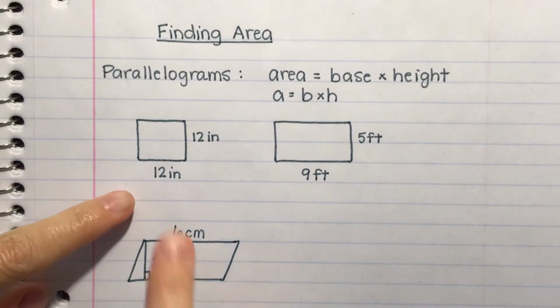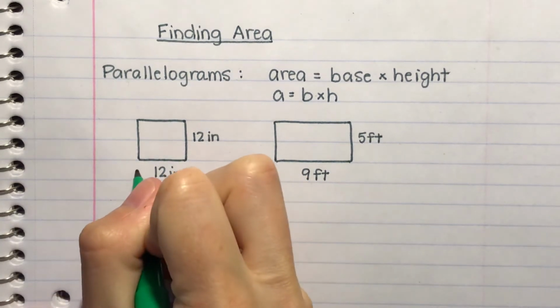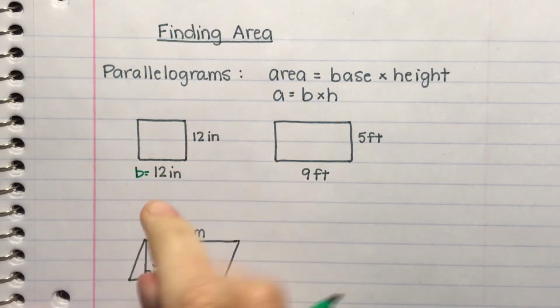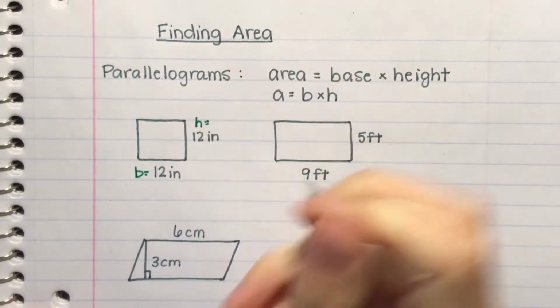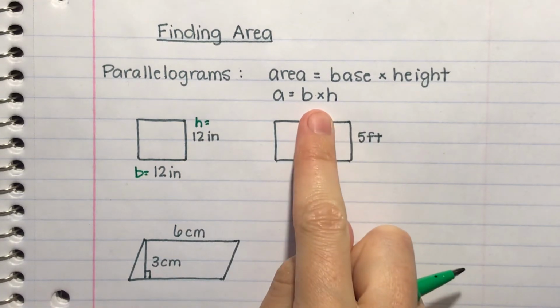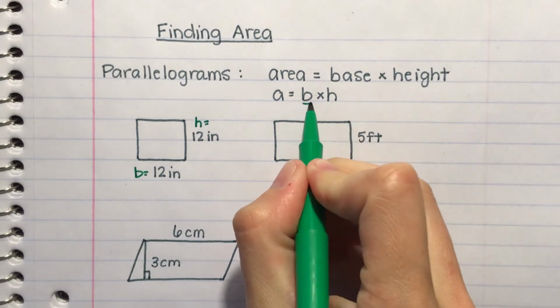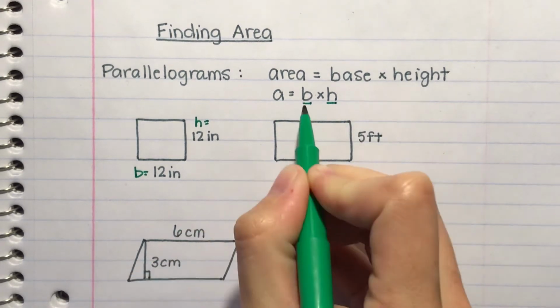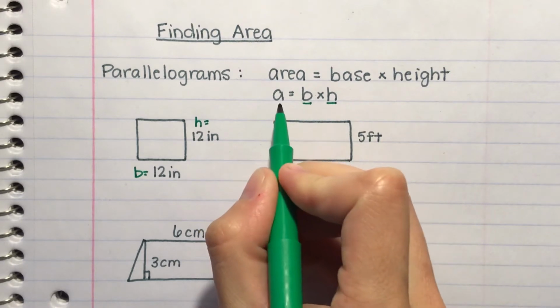So if I wanted to find the area of this square, if I want to label, all right, base is 12 inches, height on the side is 12 inches. I'm going to set it up in my equation, which means instead of the B and the H, I'm going to replace those two, just like we did with equations, to find the answer for area.